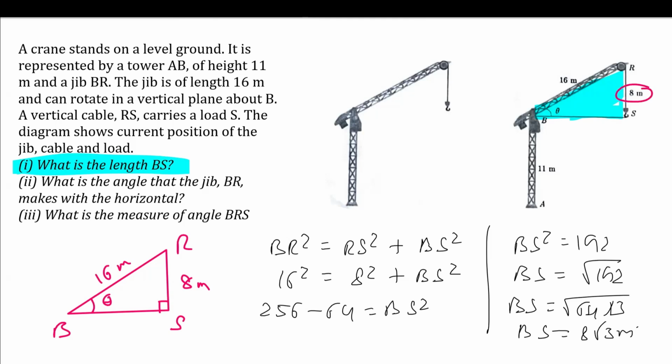As you know, the side opposite to the angle considered is the perpendicular, and we have the hypotenuse, so we can apply sine, because sine theta is equal to perpendicular over hypotenuse. So this is 8 over 16, that is equal to half.